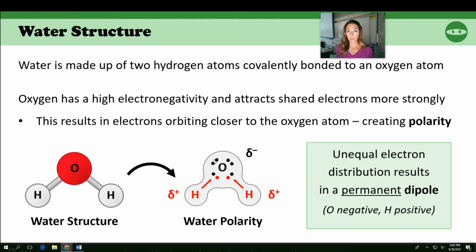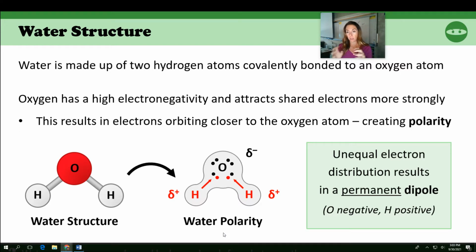So because I get this oxygen with the electron orbitals up here with a slightly negative charge, I have more electrons up here, and because my hydrogen is giving that electron to the oxygen, I get slightly positive here, right? So electrons are negative, and so without that, I get a positive and a positive. And because we have that polarity of water, we get the attraction to each other, right?